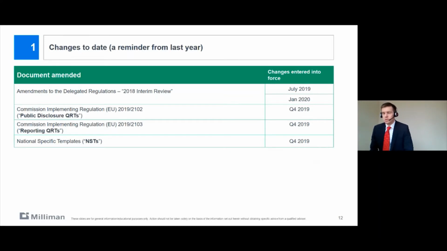They were the kind of changes we talked about last year at this seminar. And again, at year end, there was a raft of changes going through the QRTs. So, tidy ups and other bits and pieces. And some of those were to do with the amendments to delegated regulations. So that's how it's happened in the past few years.